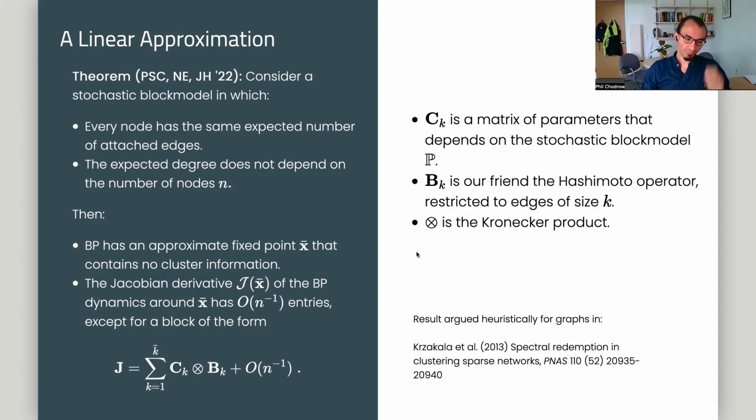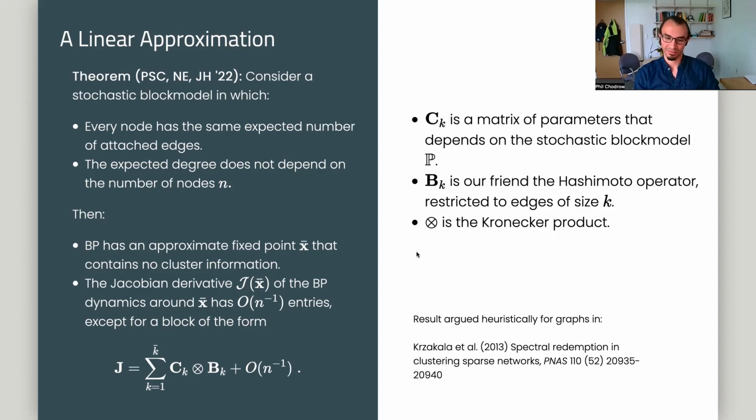So what happens here is that when I linearize my dynamics around this uninformative fixed point, I obtain this matrix that has a structure that I can separate into contributions from statistical parameters and contributions from the core hypergraph structure represented by the non-backtracking matrix. So what I'd like to do using discrete time dynamical system stuff is look for the eigenvectors of this matrix corresponding to unstable perturbations in the dynamics, as represented by eigenvectors with eigenvalues that are large in magnitude of this matrix.